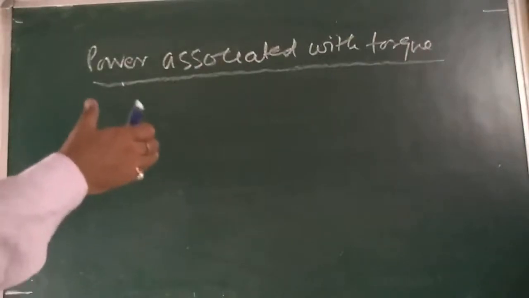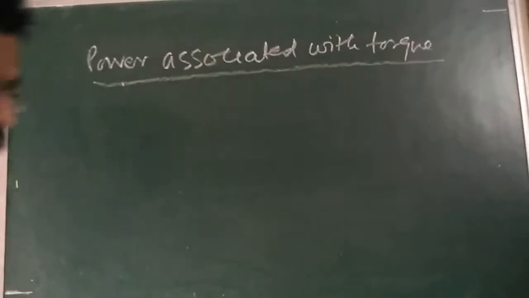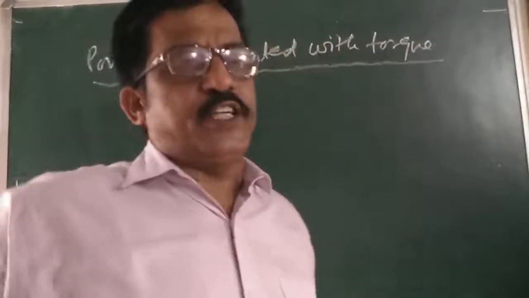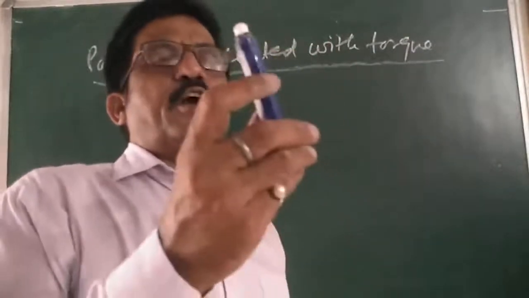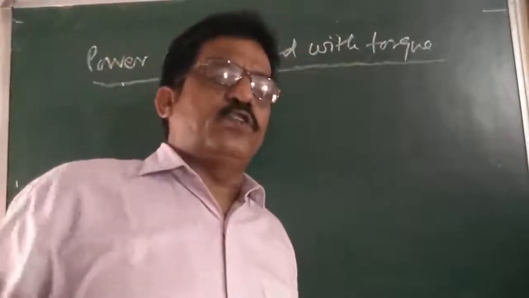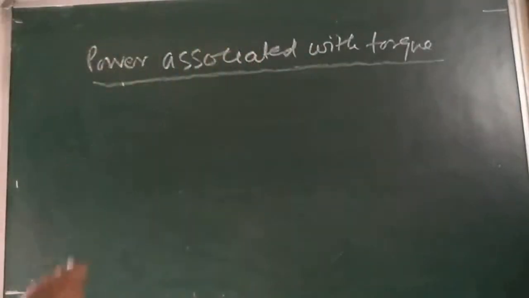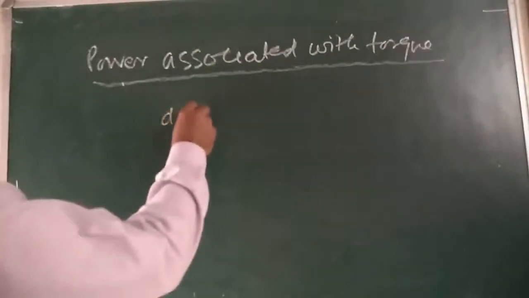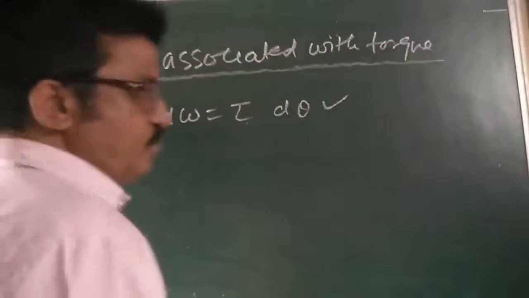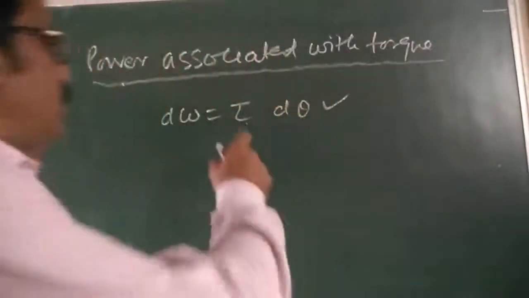Dear children, in our last article, we have seen the work done in rotating a particle through a small displacement d theta. If you rotate a body a little in rotational motion, suppose the angular displacement is d theta and the force is torque, then dW is equal to force into displacement, that we have seen.